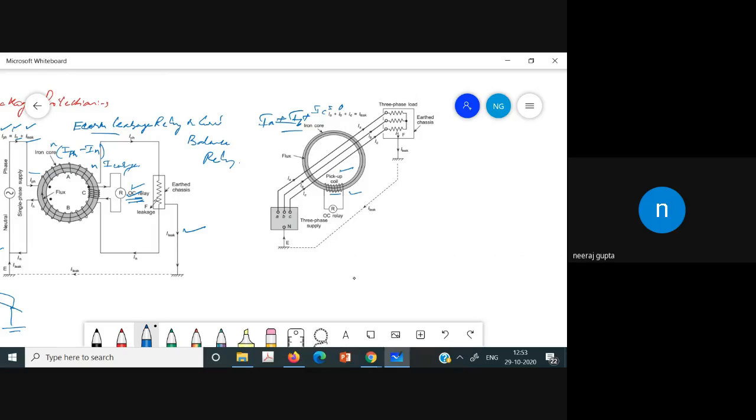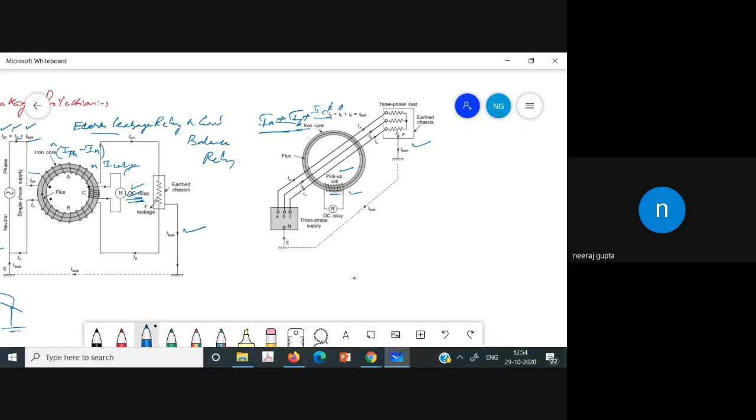However, whenever there is an earth leakage in the system, Ia plus Ib plus Ic is not equal to 0, so a voltage is induced in the pickup coil, causing the overcurrent relay to operate.